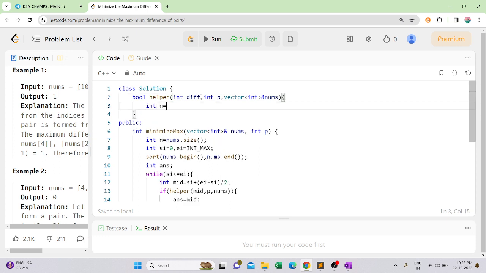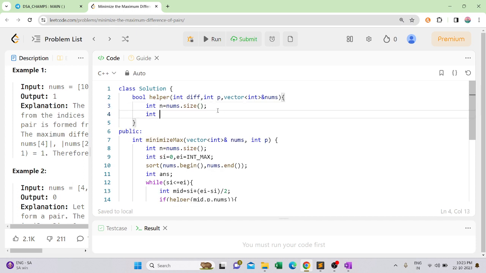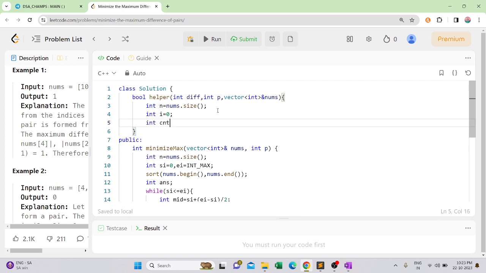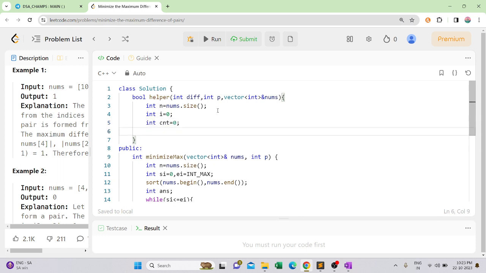Now let's store the size of the vector in this n. Okay. Now let's keep the starting index as 0, and till now we have taken 0 number of pairs.